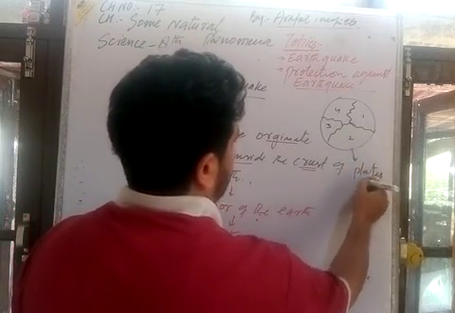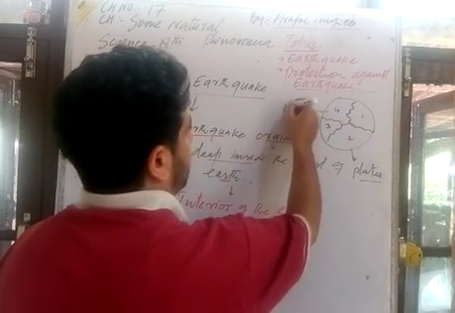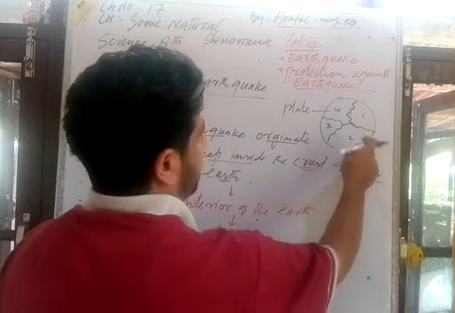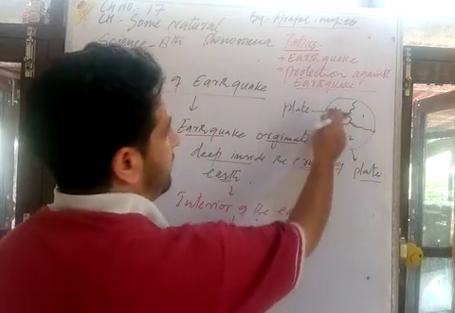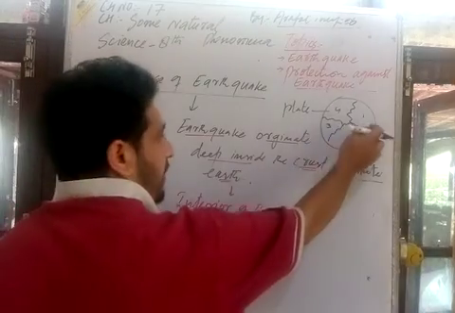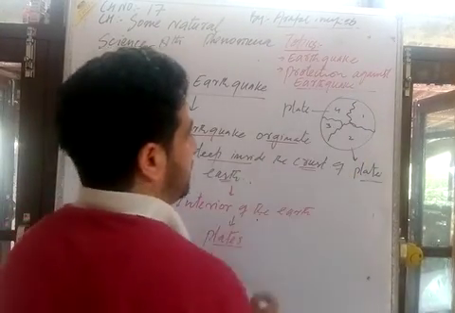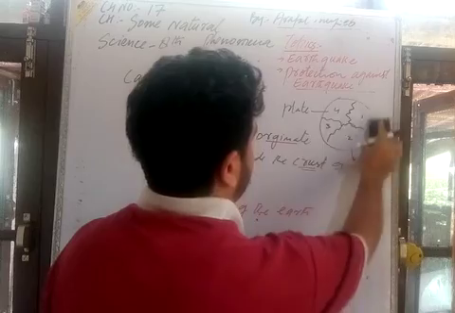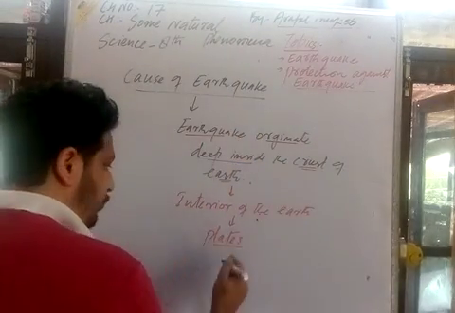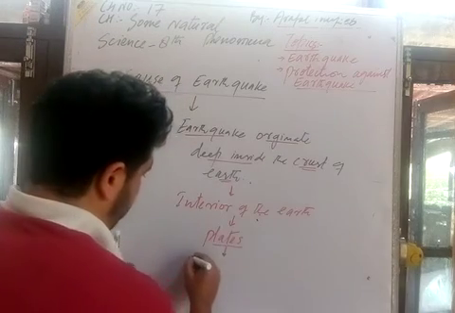Due to the movement in plates, there are plate second, 4, 1, 2, and between the plates there are boundaries. That means in the interior of the earth there are plates, and those plates show movement.